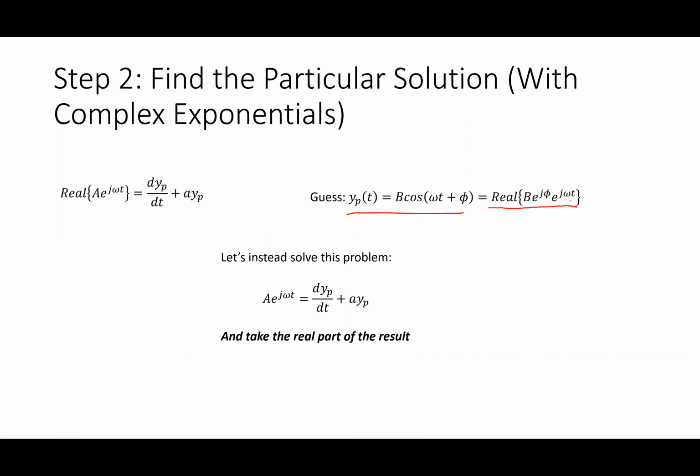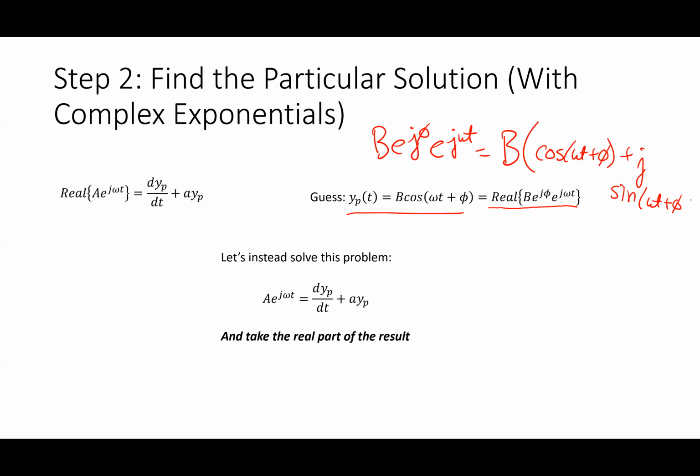Now you should be able to expand this out: B e to the j phi e to the j omega t is B times cosine omega t plus phi plus j sine omega t plus phi. The real part of that is clearly this. We're going to guess that this is our solution here.